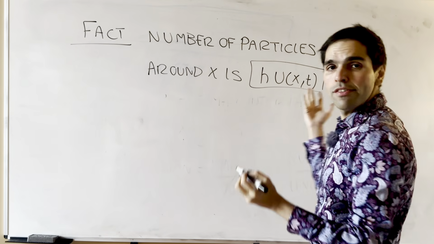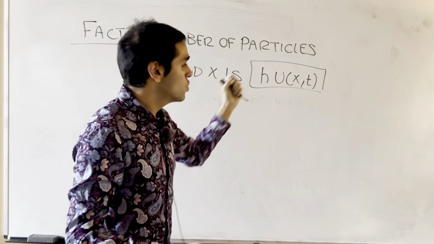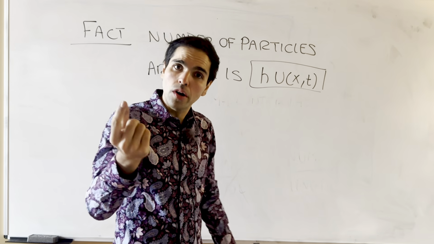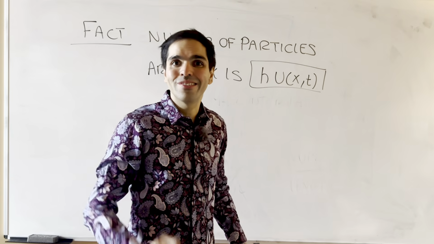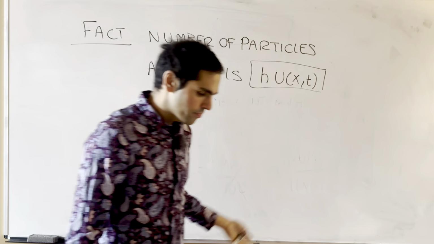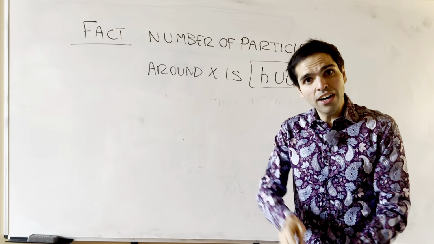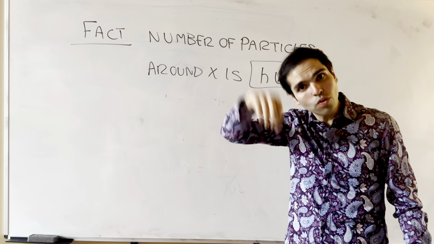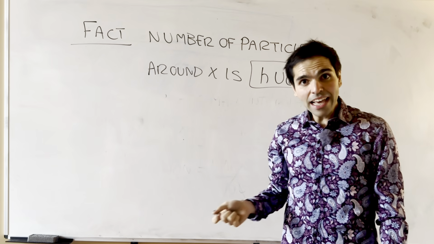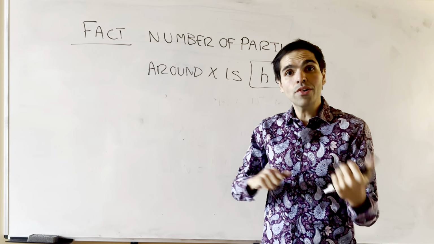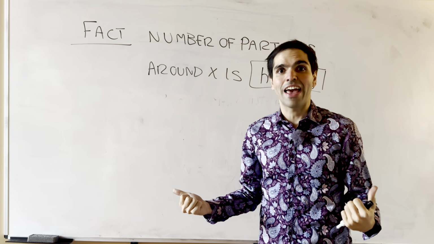So remember, whatever u we have, we just multiply by h. Because also it's a small number of particles, because the interval is small. And so far what we've done, we just focused sort of at x. And the next goal is to look at the interactions between the neighbors of x.